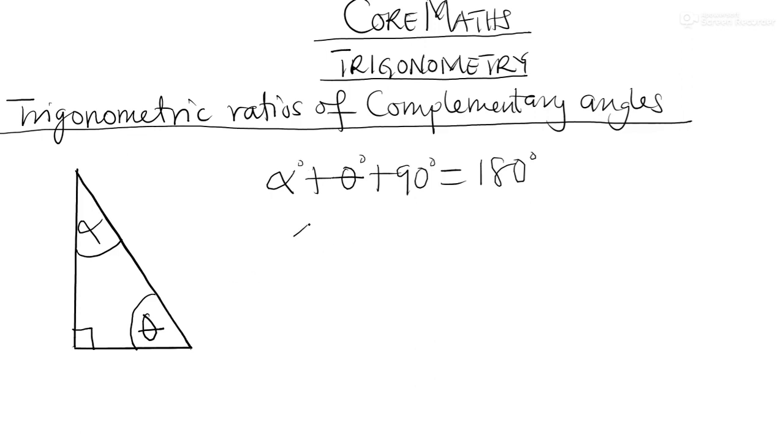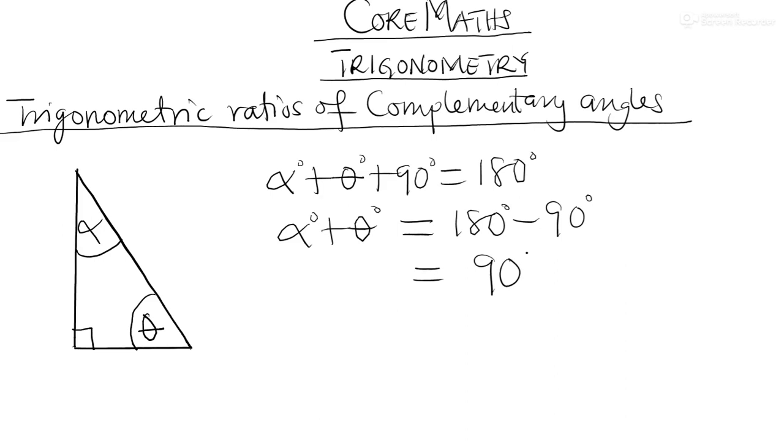Now alpha plus theta, grouping like terms, is going to be 180 degrees minus 90 degrees. So we are going to have 90 degrees. So alpha plus theta is equal to 90 degrees. I hope you follow.